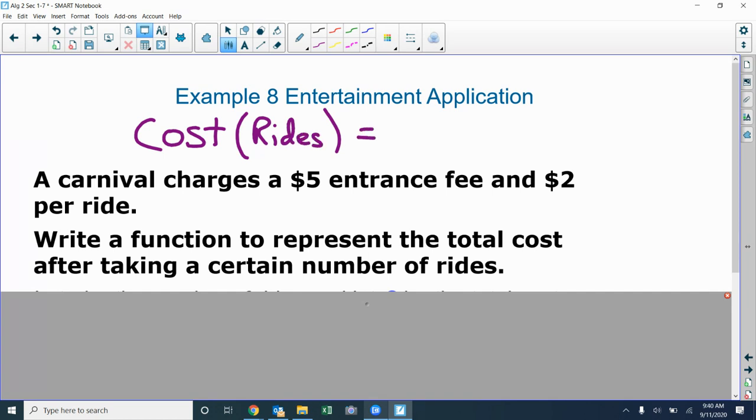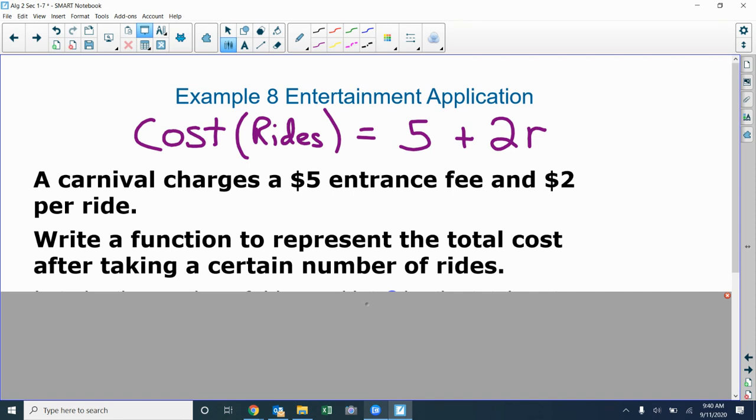Okay, now what would be the equation for that? Well, we know there's a flat cost. What is the flat cost? Okay, so the flat cost is going to be 5 plus 2 times, or we'll make it realistic, which would be for what? Right.